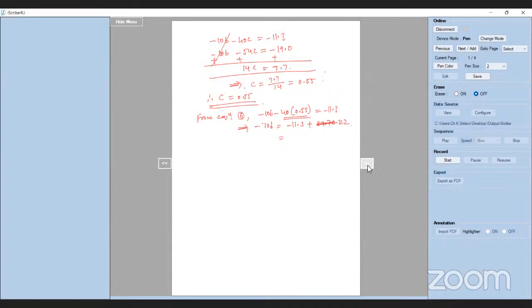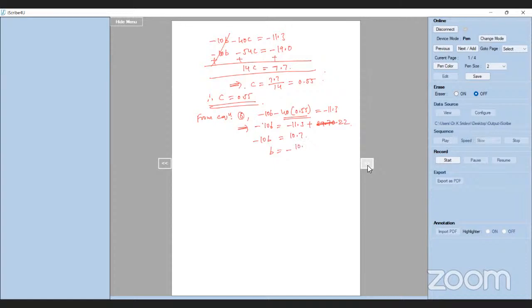Okay, 22 minus 11.3 is 10.7. So minus 10B is equal to 10.7.